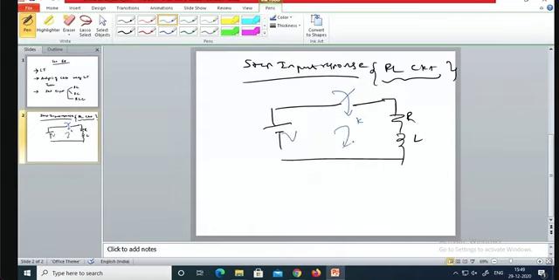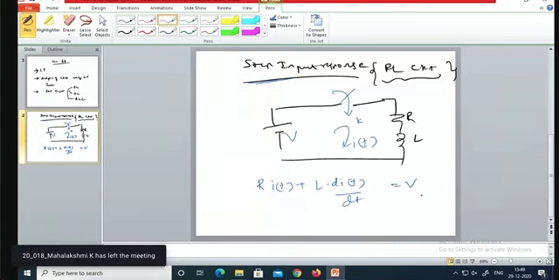So you can have a current i(t) like this. If you apply KVL here, you get R into i(t) plus L into di(t)/dt, that is equal to V. What have we assumed here? Step input response, that is nothing but unit step input response.